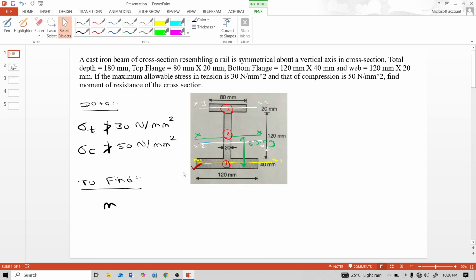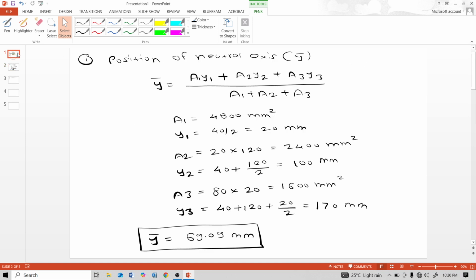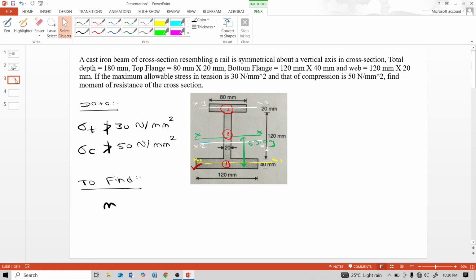The x1 x1 axis is the neutral axis of only the bottom flange part, and the dimension parallel to it is 120 mm. That means 120 multiplied by 40 cube divided by 12 is the moment of inertia for only this bottom flange rectangle. So write 120 multiplied by 40 cube divided by 12.